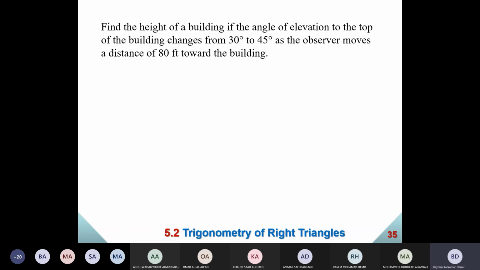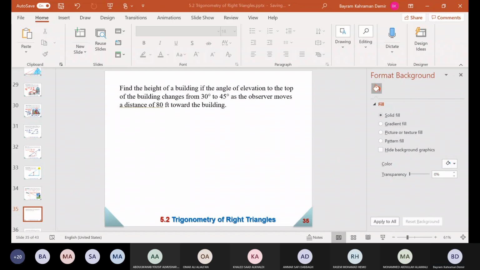Okay, did anybody sketch the picture? Let me see who sketched, Shabab. Can you show us your picture?